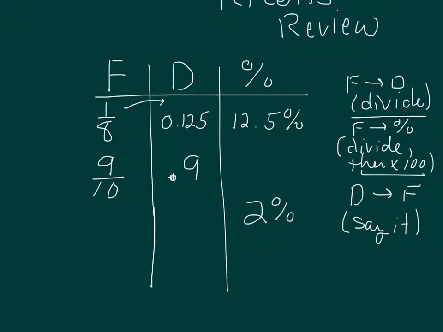Okay? And then to go from the decimal to the percent, I already did that. Decimal to percent, you multiply by 100. So multiply by 100, move the decimal 2 spaces to the right. So the decimal's starting out right there, it's going to move 1, 2.